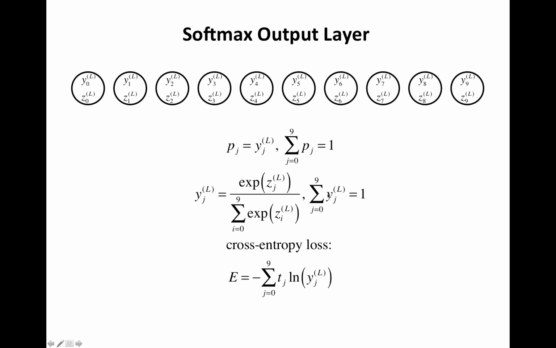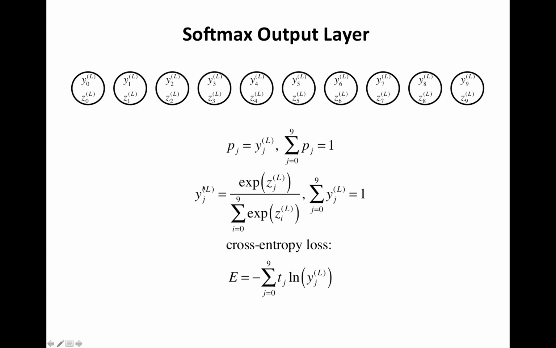And don't forget, all the probabilities must be larger than or equal to 0. The logit could be positive or negative, but the exponential of the logit is always positive.